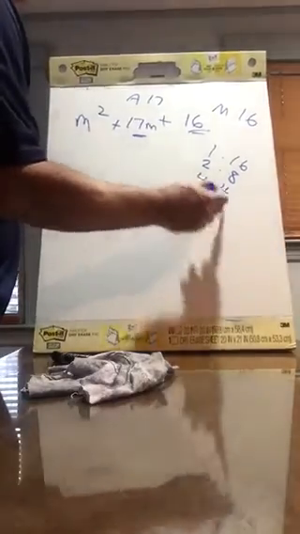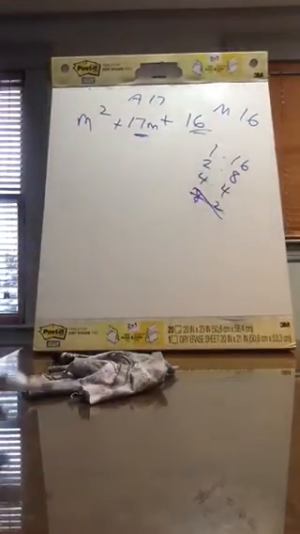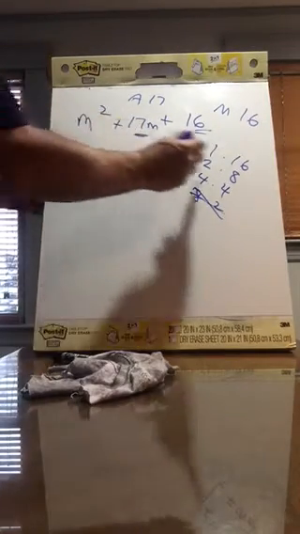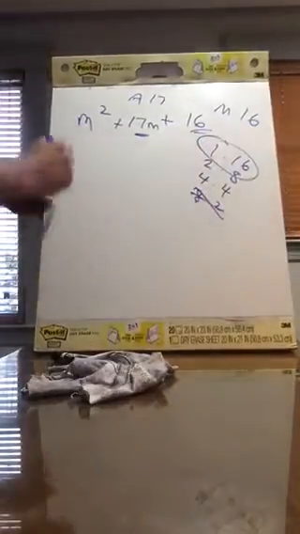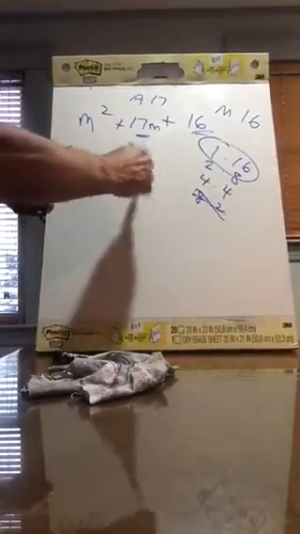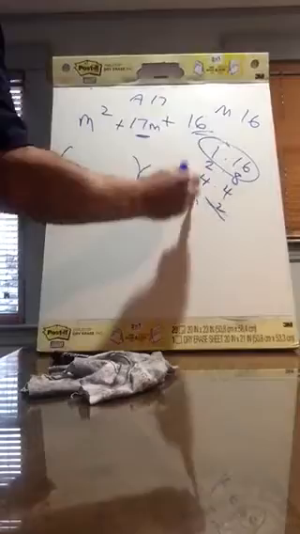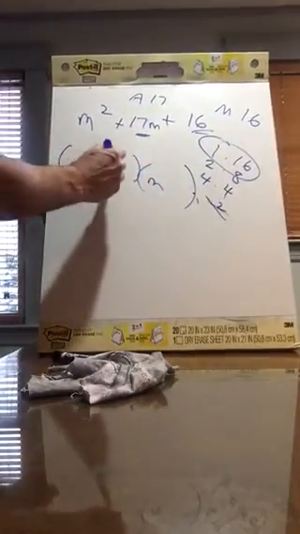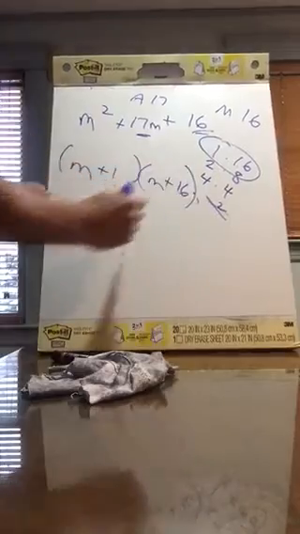We already got 8 and 2, so it's a repeat. So that means we can stop. So those are our possible combinations. Do any of those add up to 17? Yes. 1 and 16. So M and M. It's a positive 1 and a positive 16, so it's plus 1 plus 16.